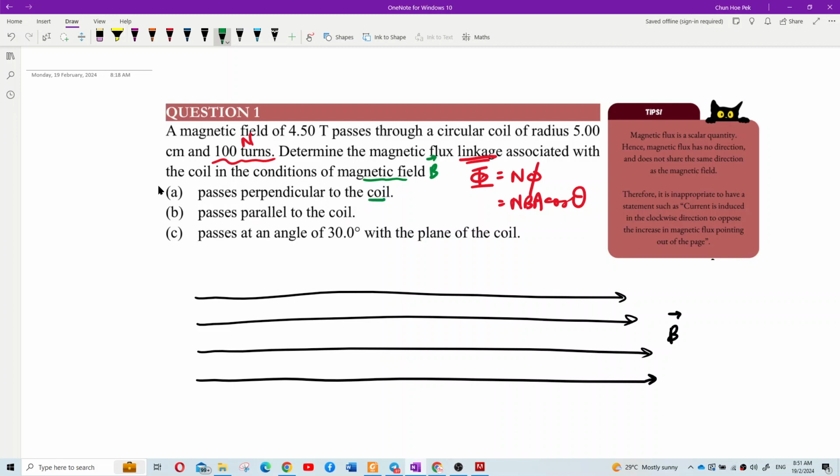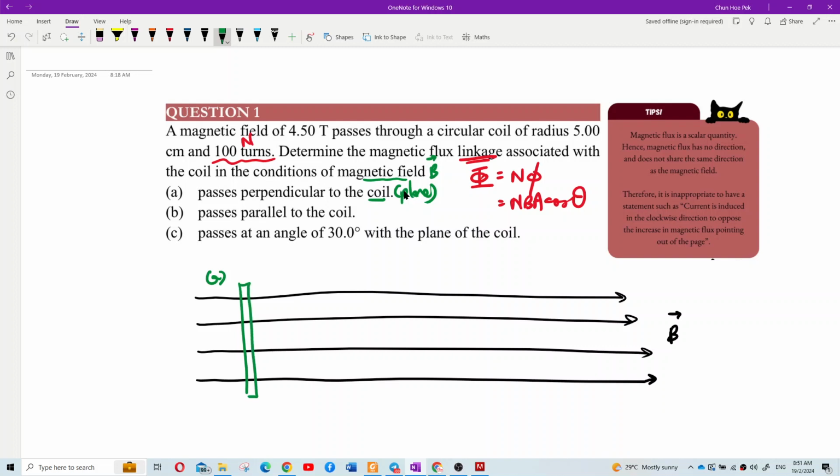The coil is called the plane. So he says the field passes perpendicular to the plane. That means how do we draw for A? Like this, the field perpendicular to the coil.